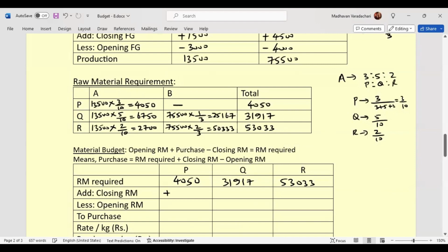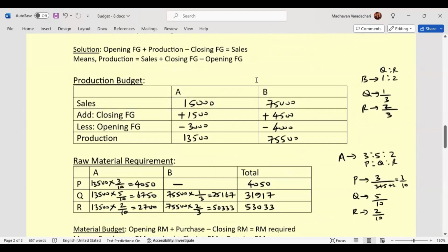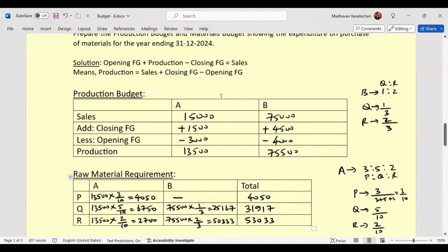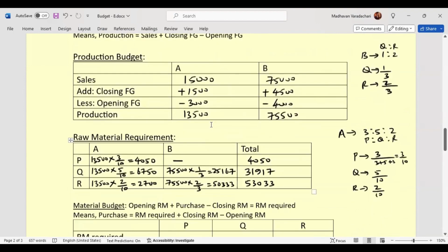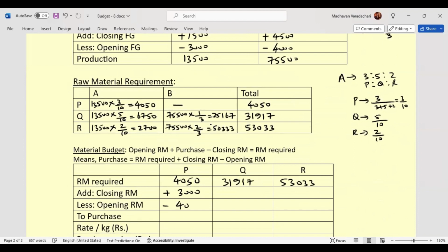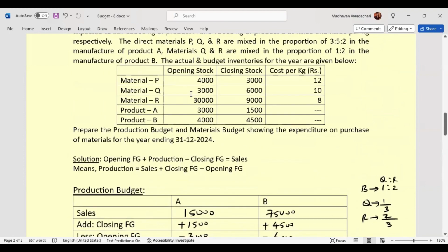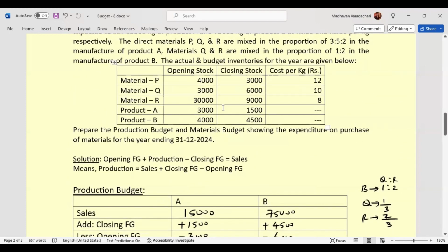Add closing raw material plus, where is that? P, 3,000. Less opening raw material for P. For P, opening raw material is 4,000. Next for Q, closing raw material 6,000 and opening is 3,000. Plus 6,000 minus 3,000. For R, closing raw material is 9,000, opening is 30,000.